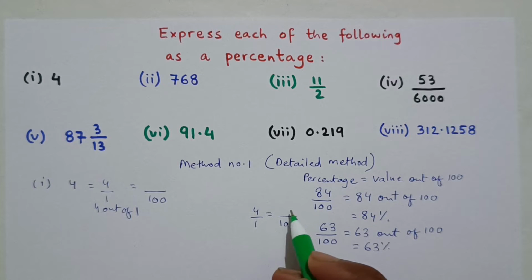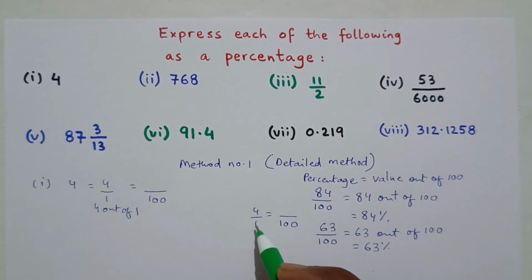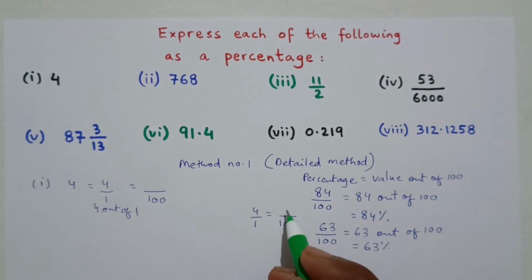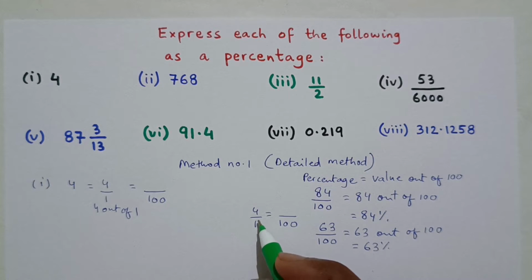Now this is equivalent fractions. In the chapter of fractions you must have studied equivalent fractions. 4 by 1 is equal to how much by 100? Here the denominator is 1, here the denominator is 100. 1 multiplied by 100 is 100.